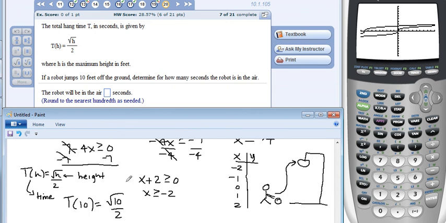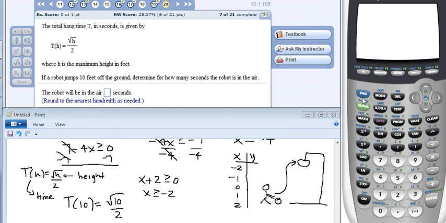It says to round to the nearest hundredth. Second function, square root 10. Close your parenthesis. It's really important to get in the habit of closing those. So we've got 1.58 seconds.